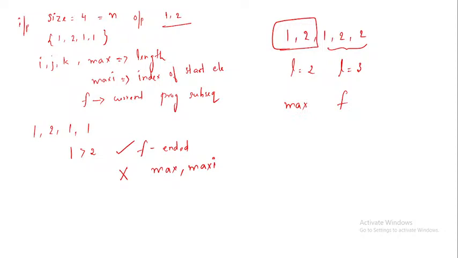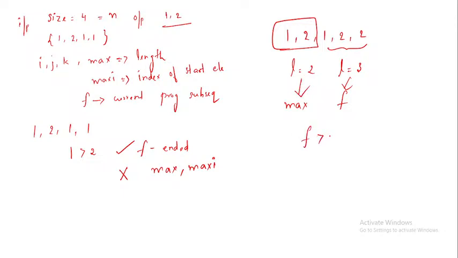So suppose the length of the current subsequence is greater than the maximum length so far, it updates the maximum length and the index of the start element, and it also resets the length of the current subsequence to 0. So say for example, this is the current subsequence, that is F, and this is the maximum length which I have found so far.